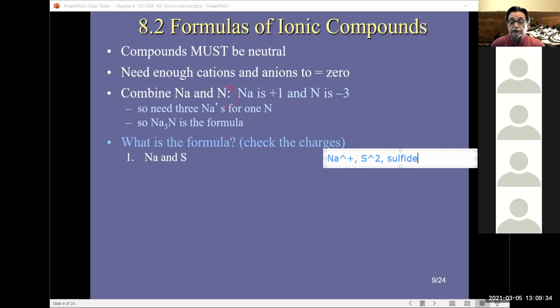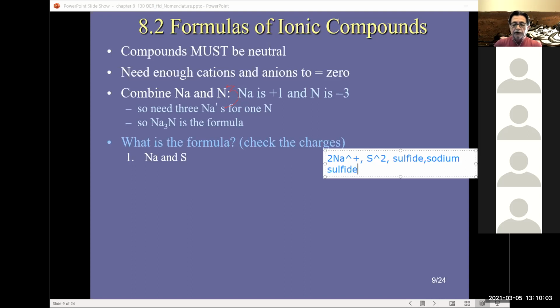It went from sulfur to sulfide. You want to know that because we may need to name this compound that we put together. I got 1 positive for each sodium. That means I need 2 sodium ions for every sulfide ion, which then name-wise would be sodium sulfide.